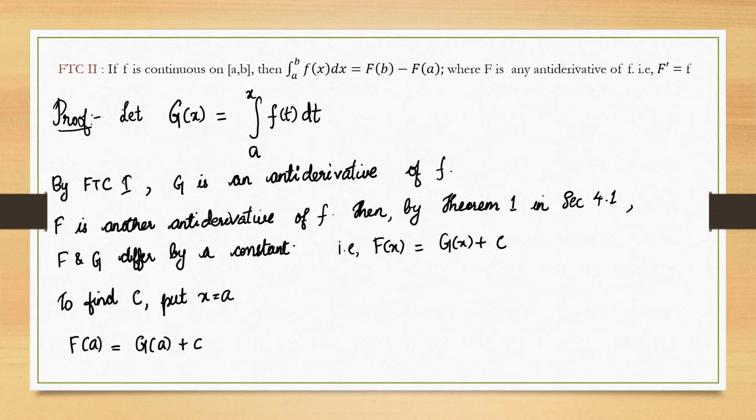Now we substitute for g(a) from the definition of g(x) and we obtain F(a) equal to the integral from a to a of f(t) dt plus c, which is equal to 0 plus c, because we know that the integral from a to a of f(t) dt equals 0. Thus we obtained F(a) equal to c.